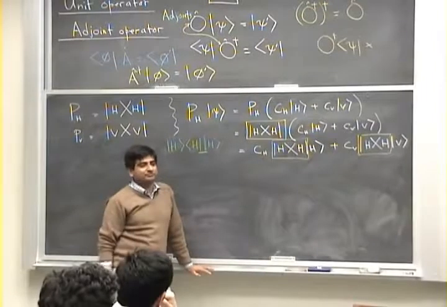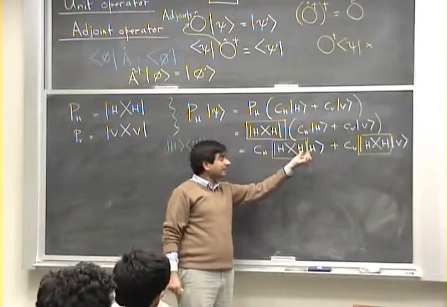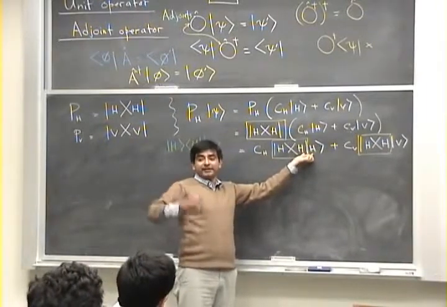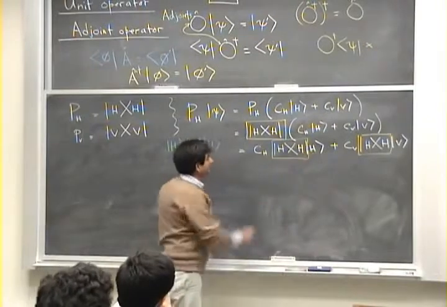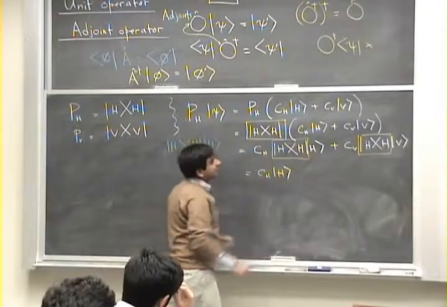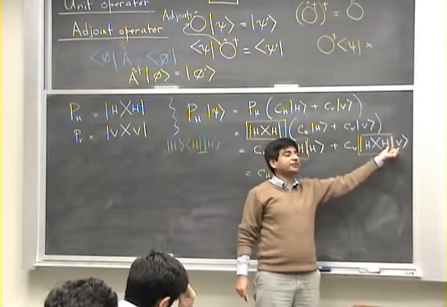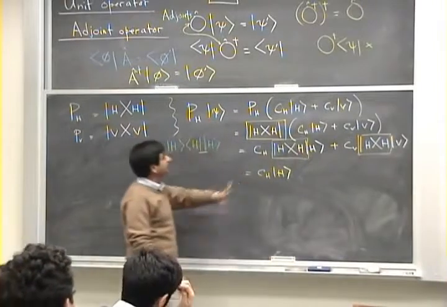It's my choice. Now this is an inner product, and what is the result? This must result in a number, a scalar, which is 1. So I just get CH ket H. Now this is also an inner product. What's the result of this? 0. So my answer is CH ket H.